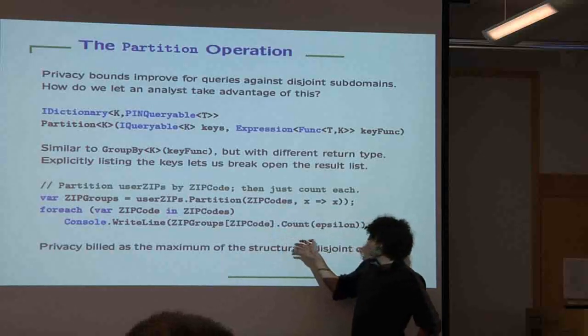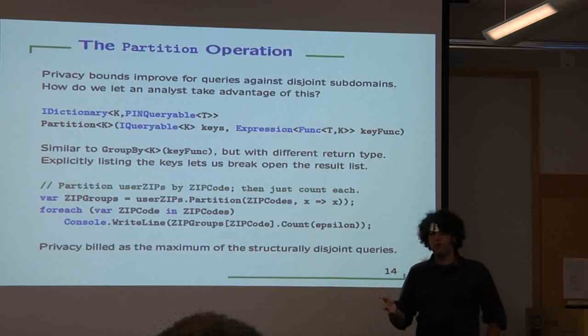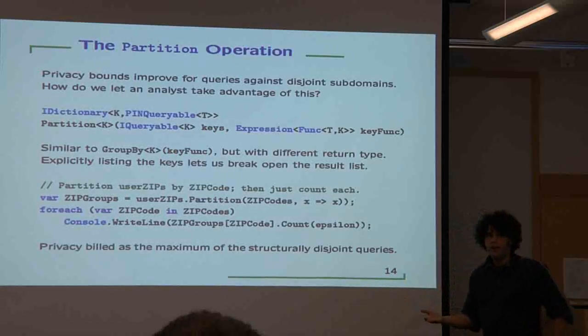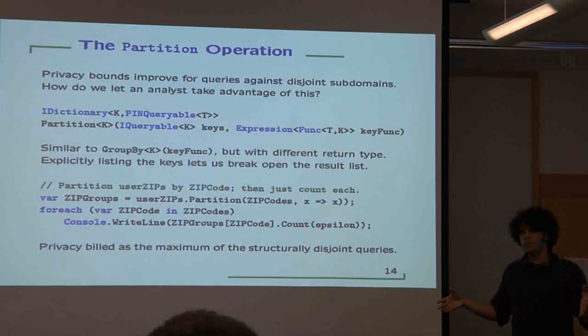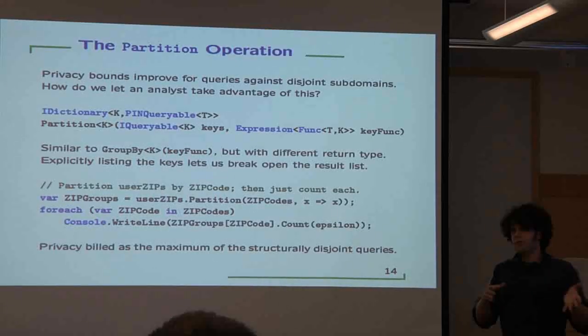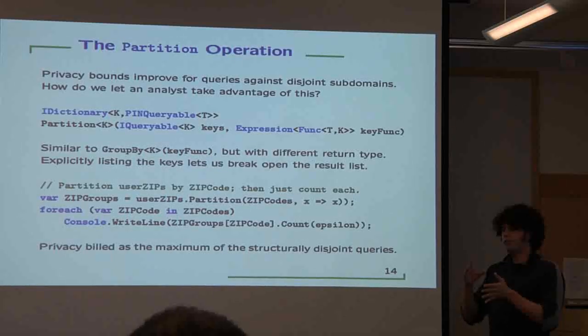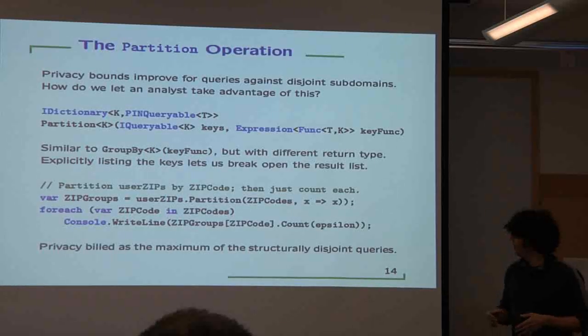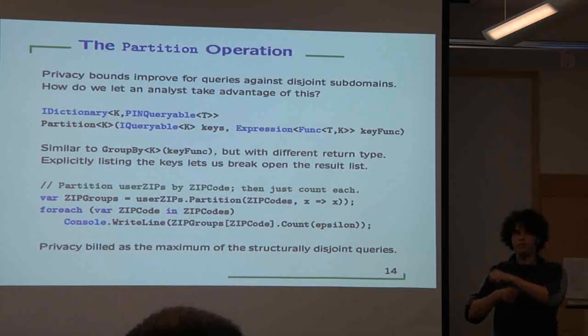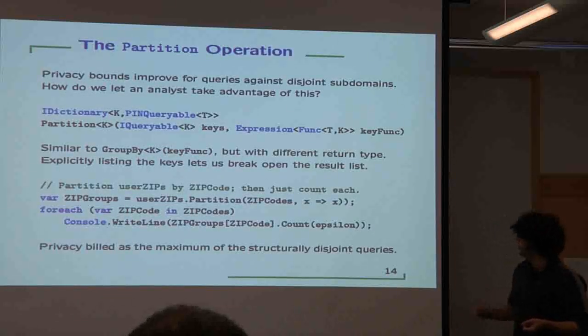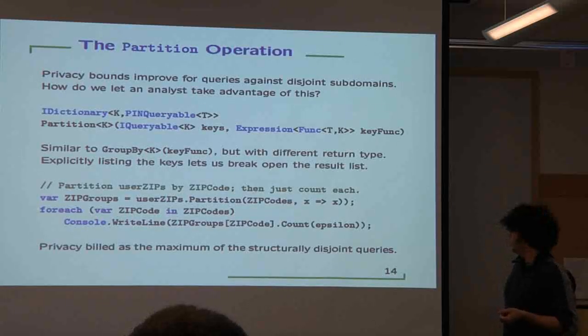So now I get some sort of estimate for each of the zip codes of how many people in that zip code are searching for cricket. And that tells me a little bit about the distribution of cricket interest by zip codes. It's different than counting, though, the number of zip codes that have strictly greater than 10 people. Just different outcomes. Neither one is a particularly wonderful estimate for the other, generally speaking, but this is very useful in a lot of cases.